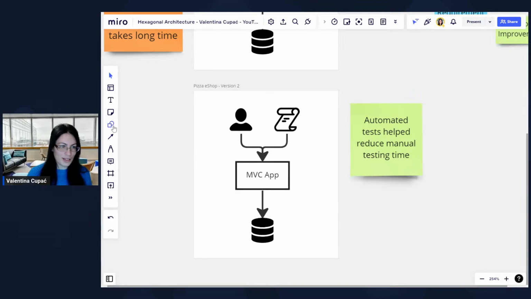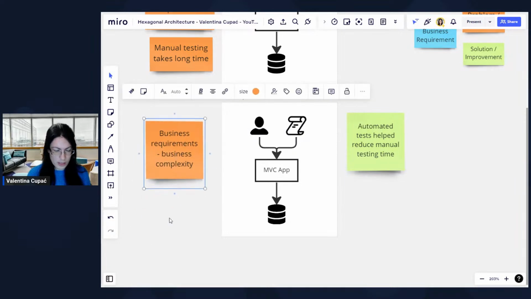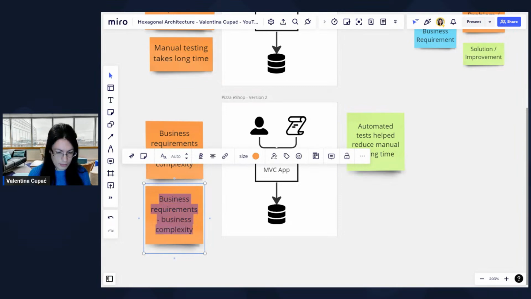Again, we get the problem that there are again increases in business requirements. Again, business complexity. The problem is that there are more and more test cases.